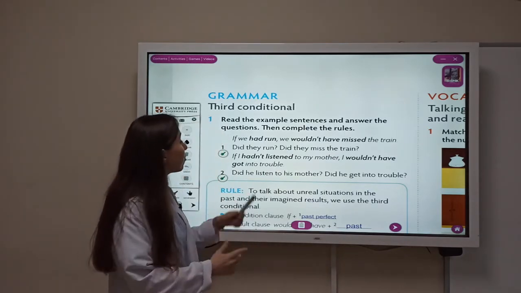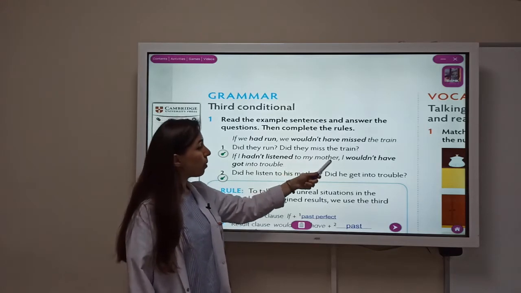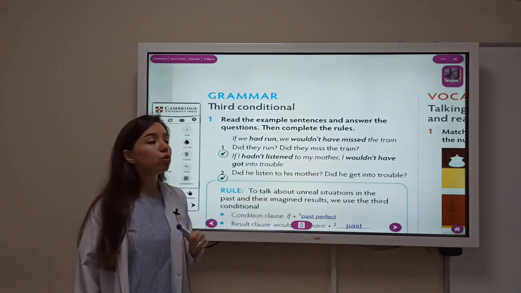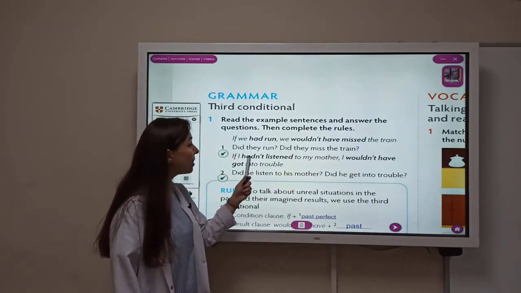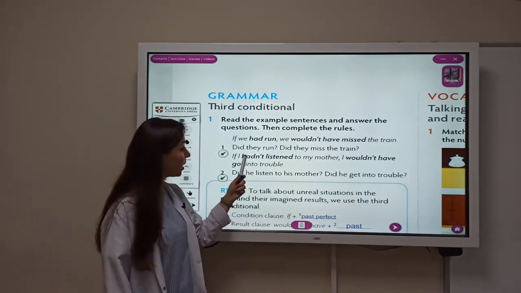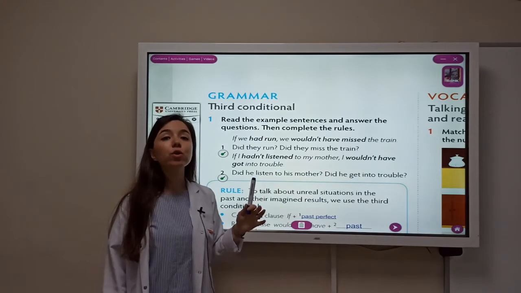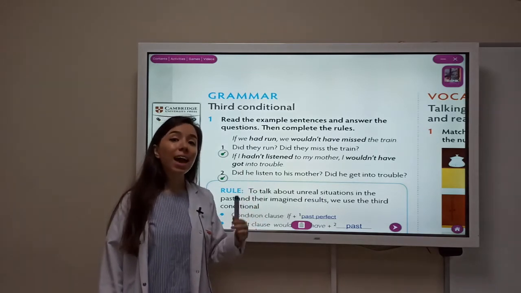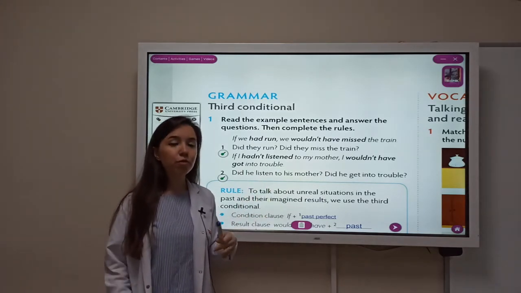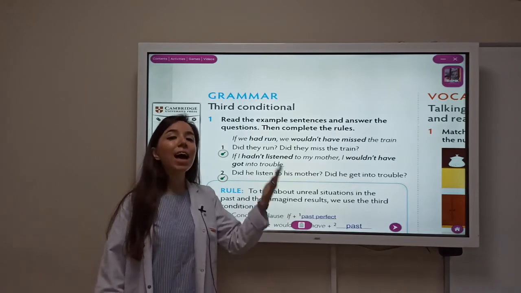If I hadn't listened to my mother, I wouldn't have got into trouble. Look at this, if I hadn't listened, past perfect. You know that the structure is had plus past participle form of the verb, or for negative sentences, hadn't plus past participle.